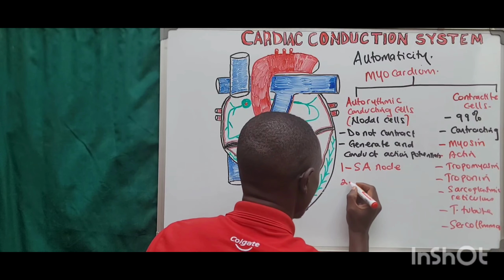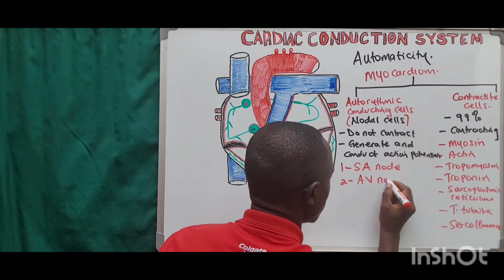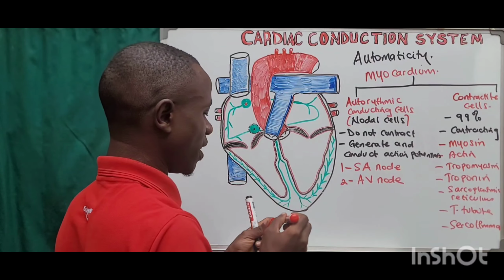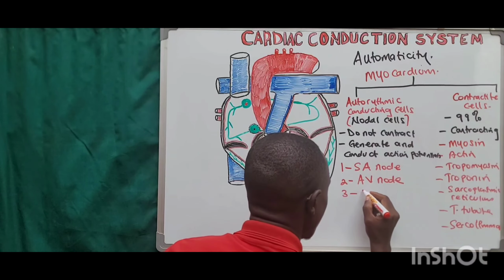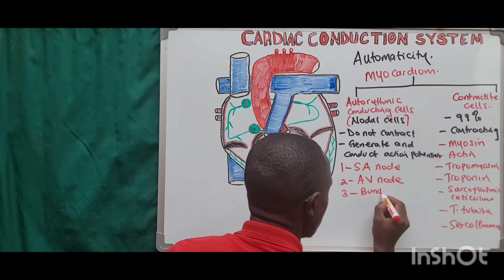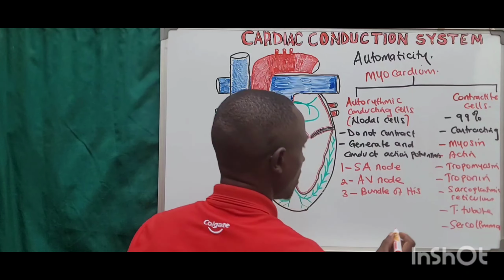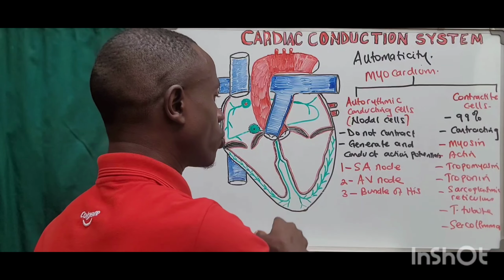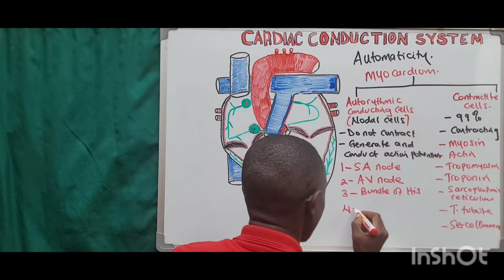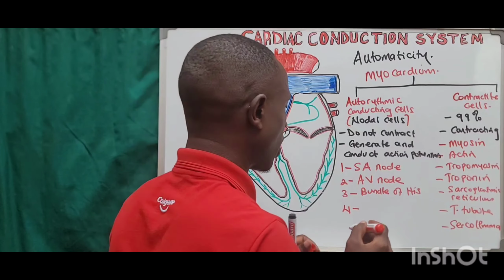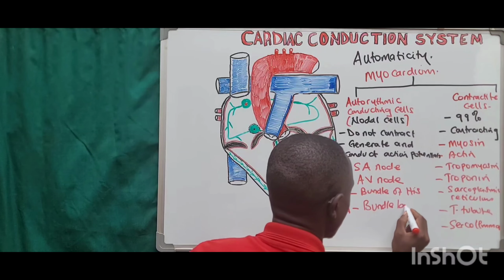The second is the atrioventricular node. The third is the bundle of His, which some people call the atrioventricular bundle. The fourth is the bundle branches.